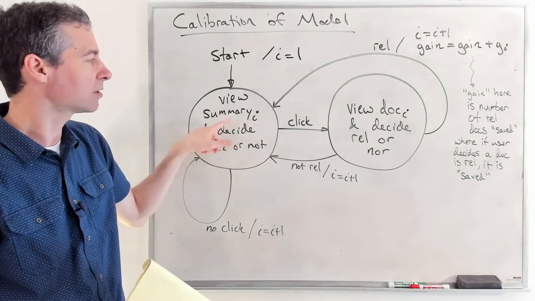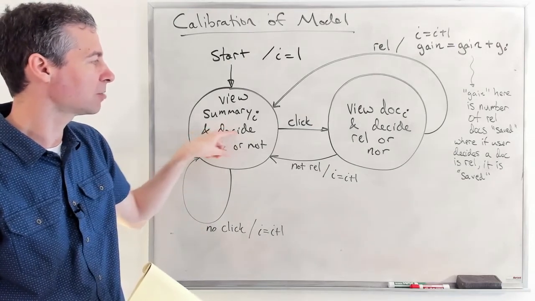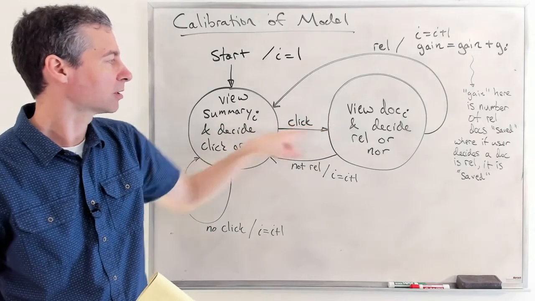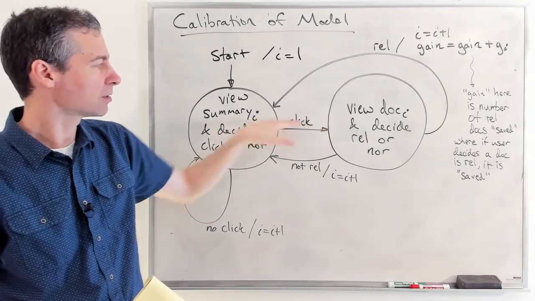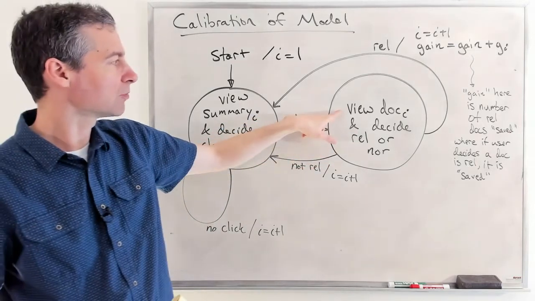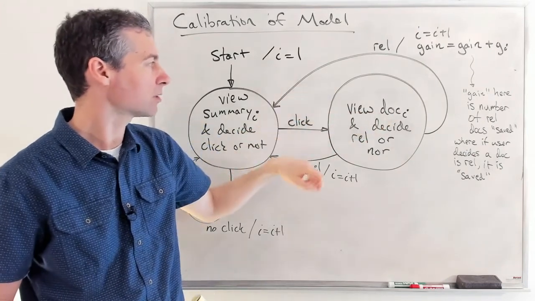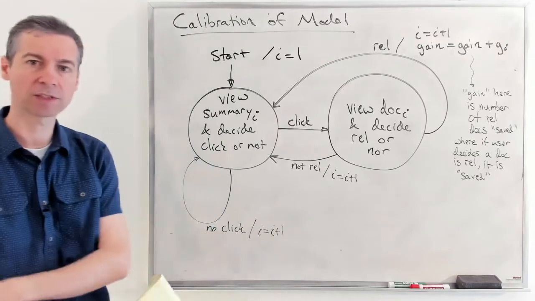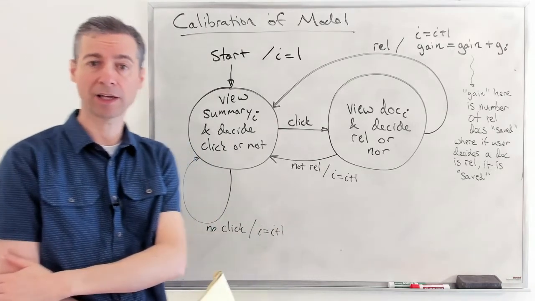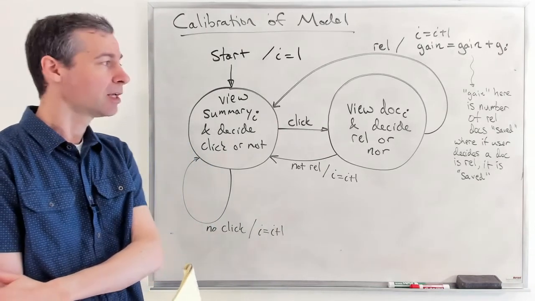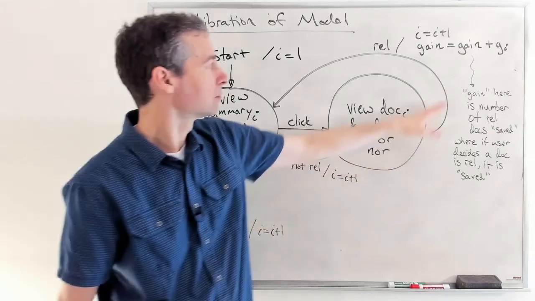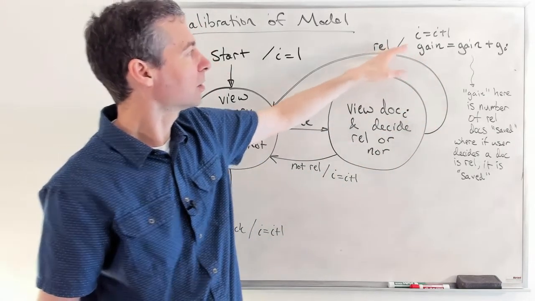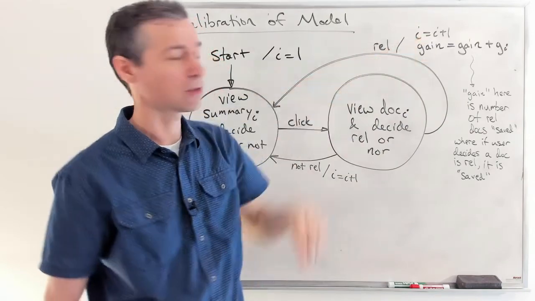If we do decide to view a document in our model, we click. And there's nothing other than the decision to click. And then we're viewing document I, in this case 1, where we're at. And we spend some time here and we make a decision about whether or not that document is relevant or not. If we decide it's relevant, we go here and we'll advance ourselves.